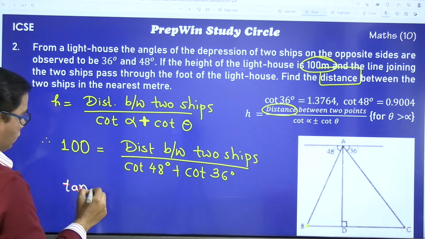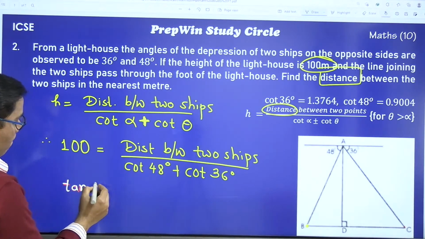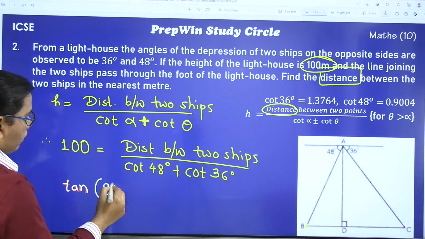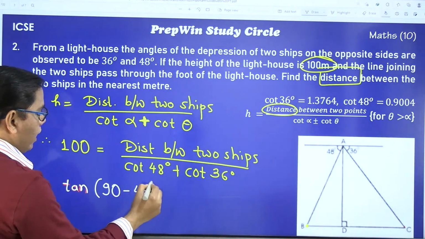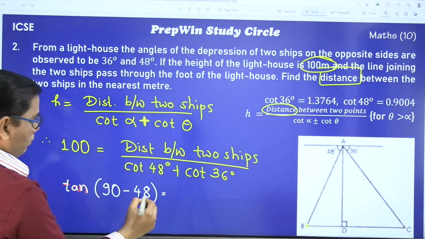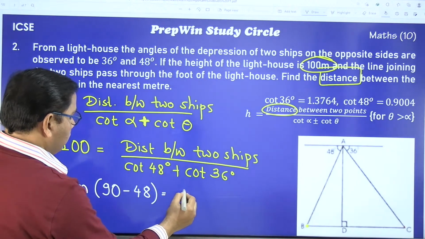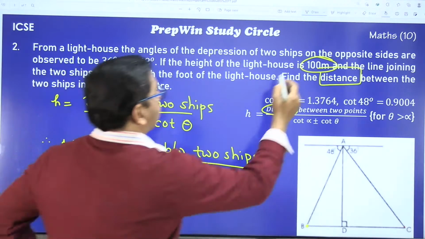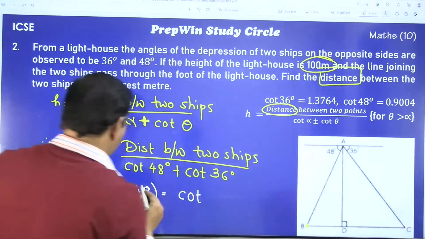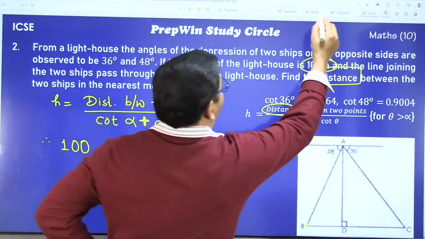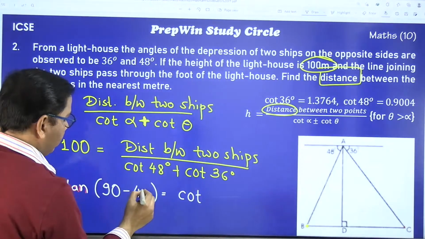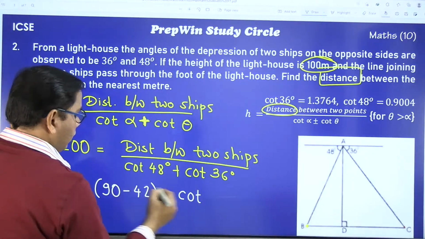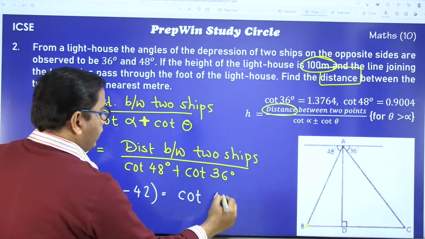Tan 90 minus 48 is equal to cot what? Is it 42? Or I'll take it this way, tan 90 minus 42 is equal to cot 48, correct?